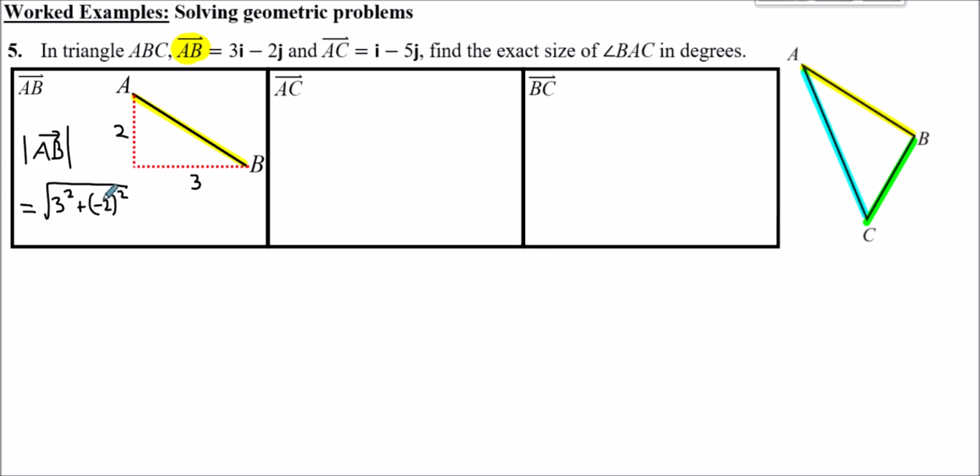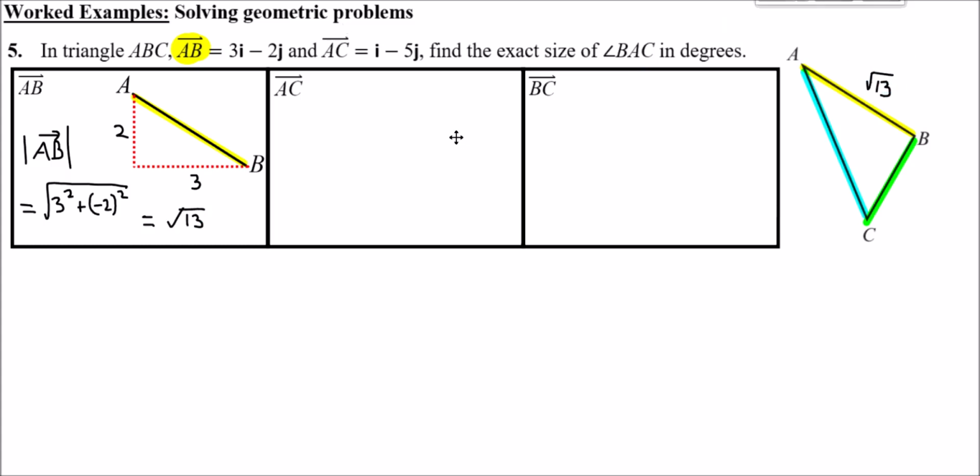But as you can see here, minus 2 squared is the same as 2 squared. We're effectively just working out the hypotenuse of this triangle. And if we do that, 9 plus 4, that gives us root 13. So from A to B is root 13.